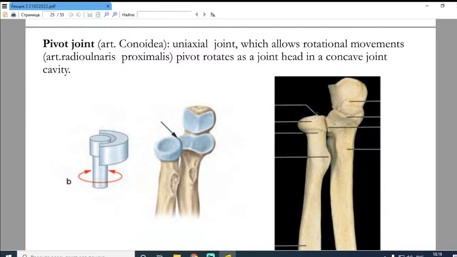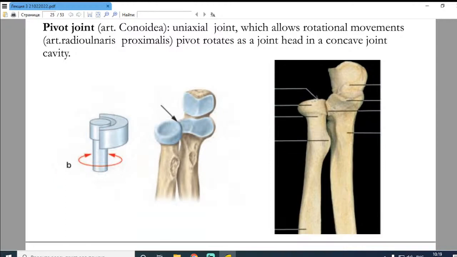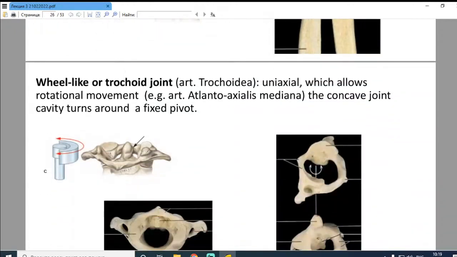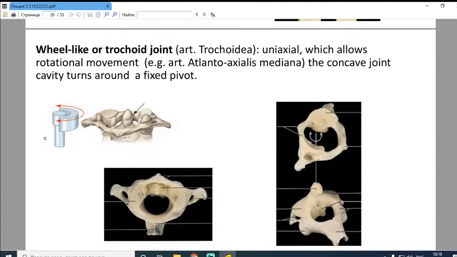Pivot joint, uniaxial. The head of the radius rotates in a concave joint cavity. Like a pivot or trochoid joint, uniaxial, which allows rotational movement.